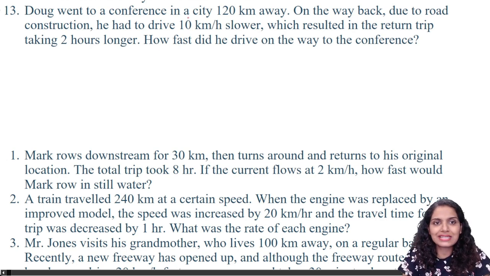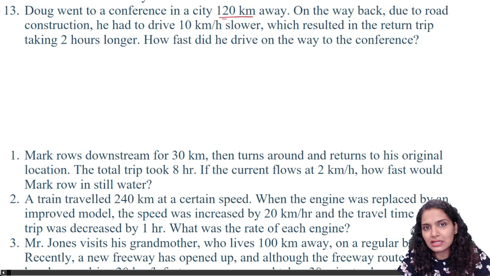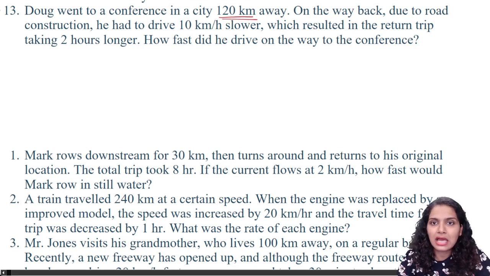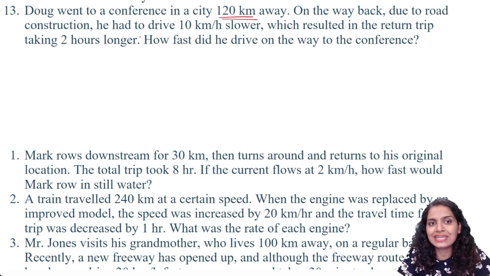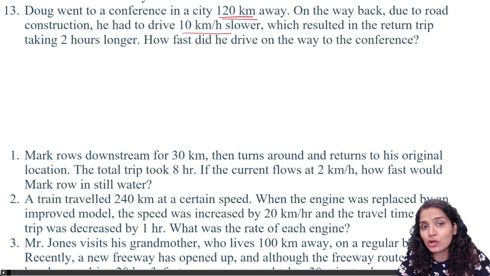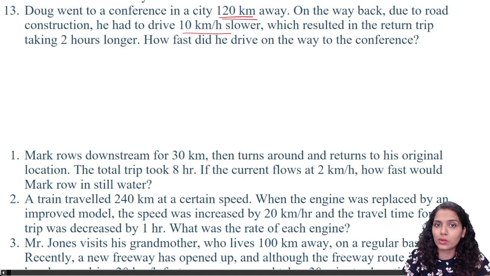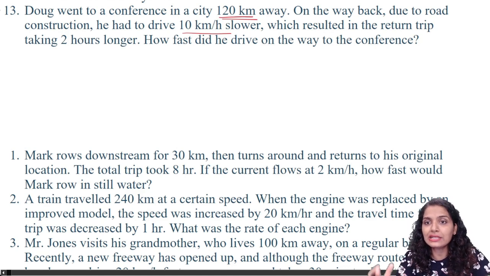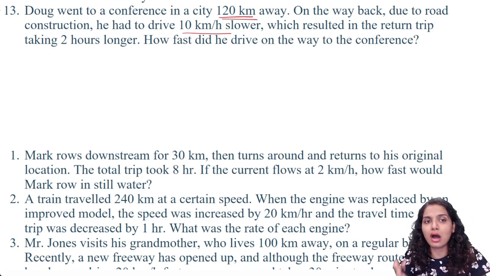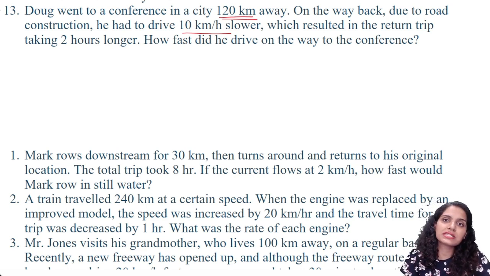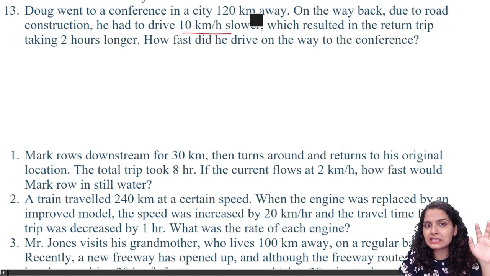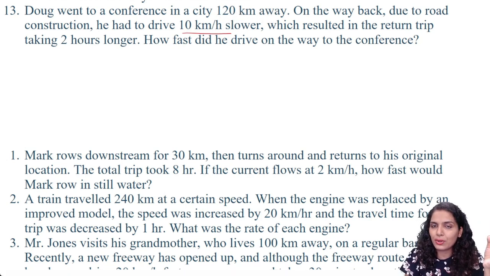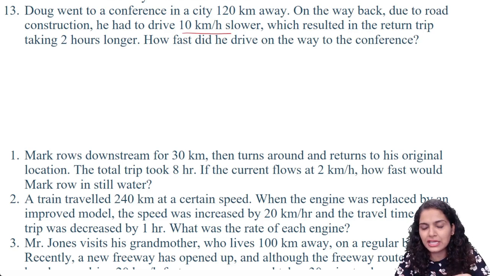So you can see that there is some distance given, and on the way back, due to the road construction, he had to drive 10 kilometers per hour slower, which resulted in the return trip taking 2 hours longer. In most of the time and distance related questions, you will see that either the distance is the same or the time relation is given.